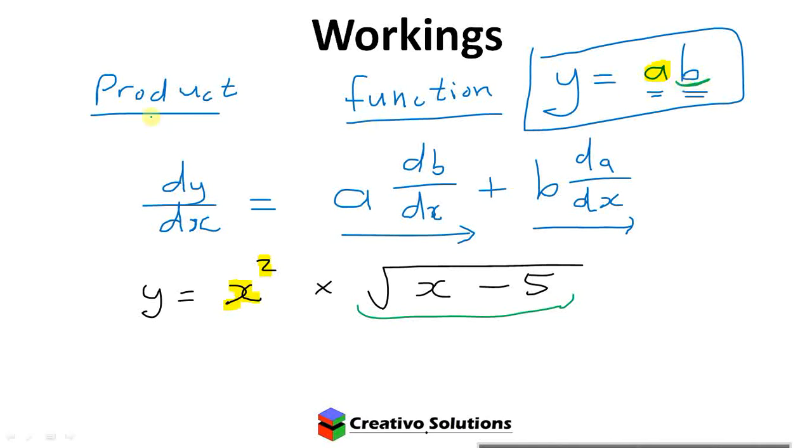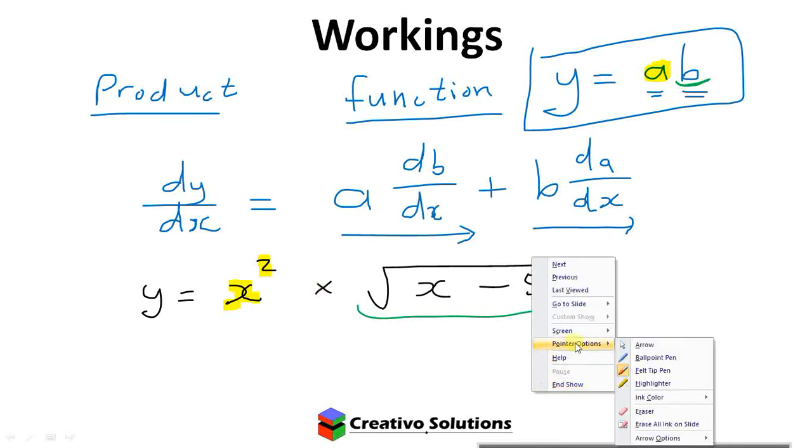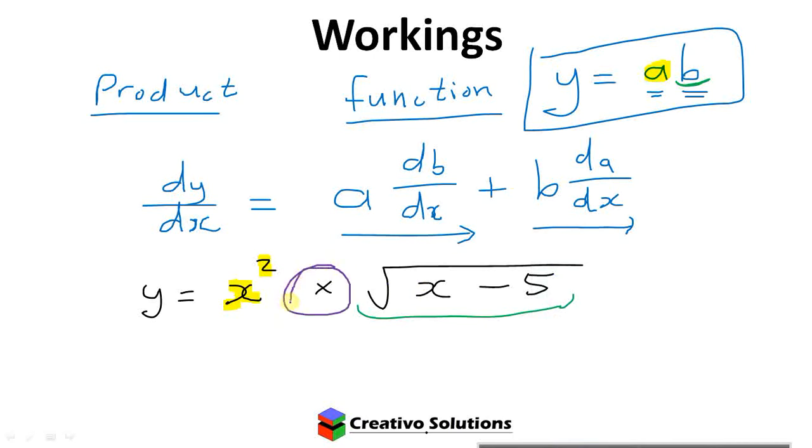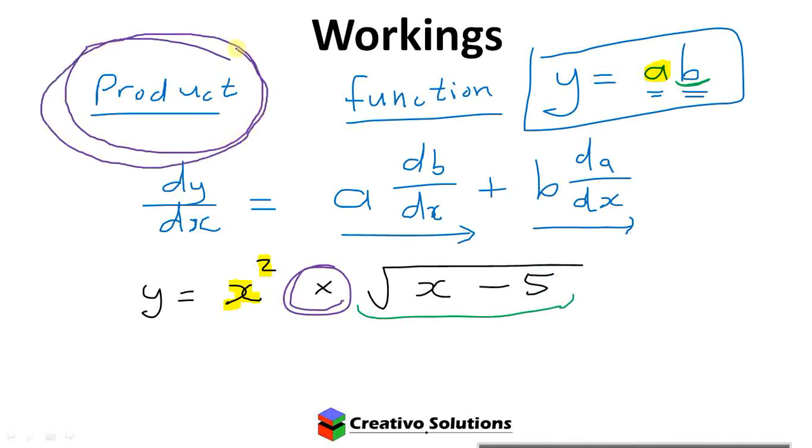Okay, so the only reason why I use product rule here is because of the sign. Let's highlight that as well. See that? That's telling you to use product rule. Okay, because it's multiplication, not adding. Okay, if it was adding, then I could do it normally.